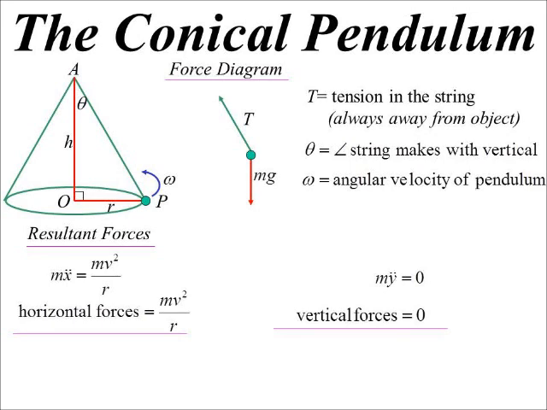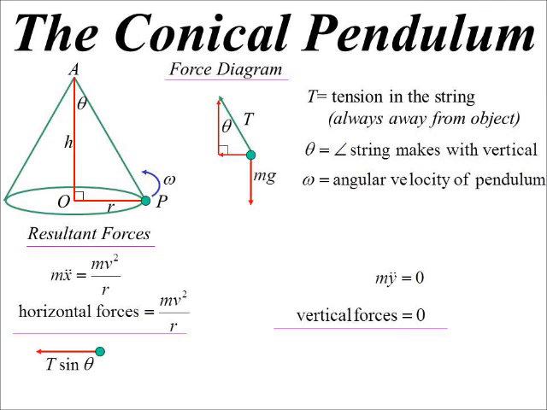Okay. So I'll draw myself up a little triangle so I can work out the components. So horizontally, the component of tension would be T sine theta, because we're opposite, and the sine would be opposite over hypotenuse. And that's all, horizontally.